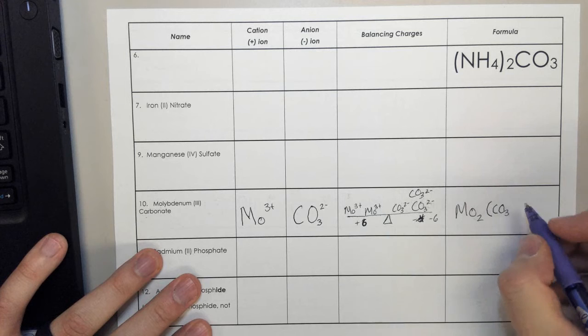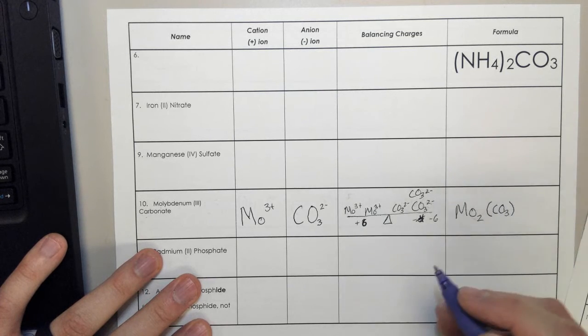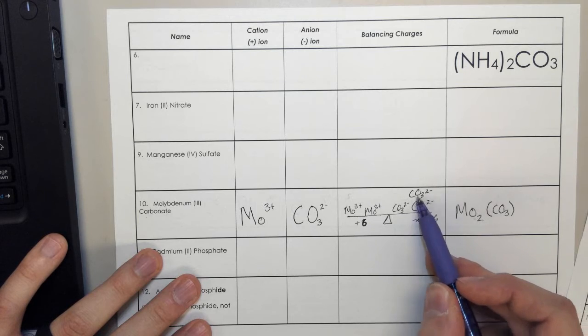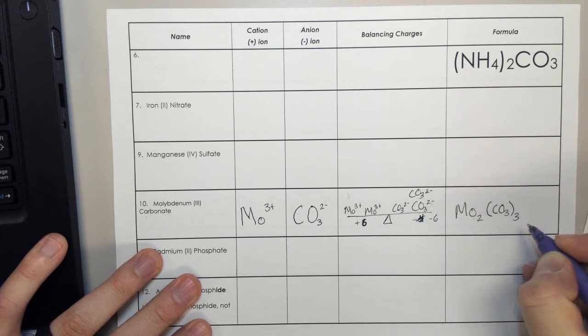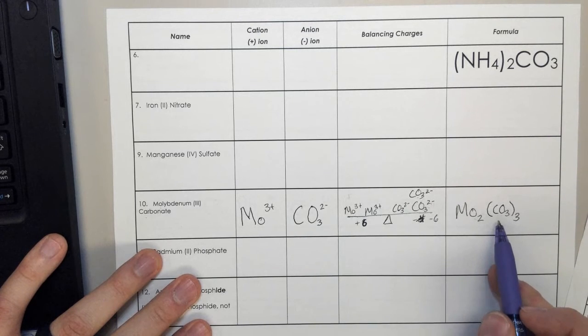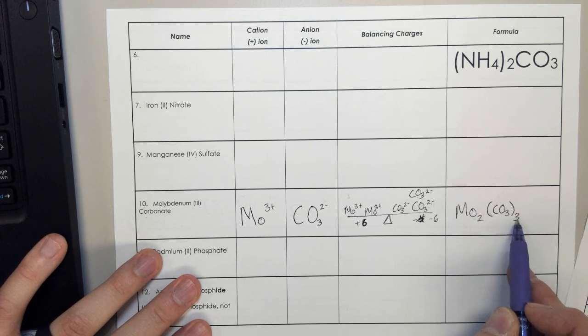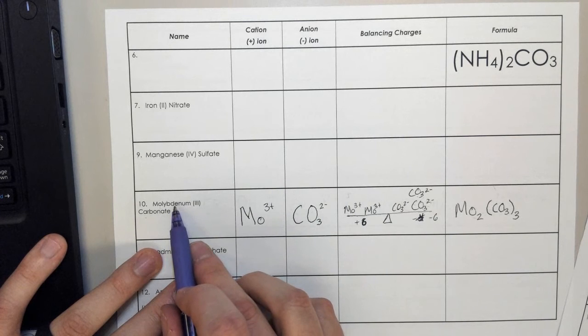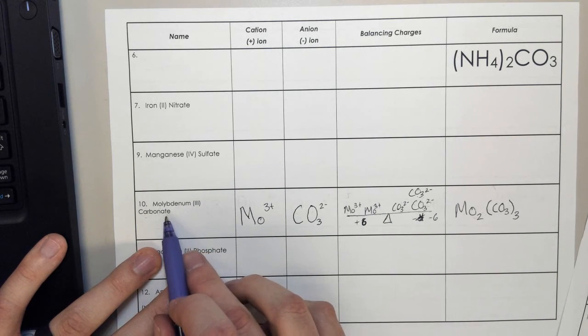You can't leave it off. And then we close the parentheses. Now I count how many I have. I have 1, 2, 3 of them, so we put a little 3 on the outside. So that is your final formula. Mo2, parentheses CO3, parentheses 3. And this thing, if we go back to the front, is called molybdenum 3 carbonate.